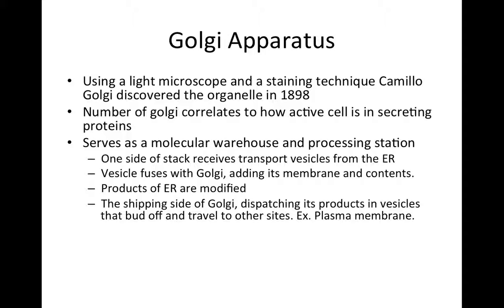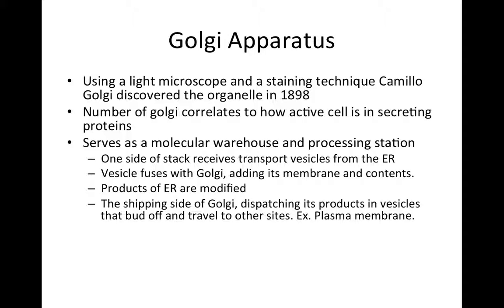The Golgi serves as a molecular warehouse and processing station. One side of the stack receives the transport vesicles from the ER. Vesicles will fuse with the Golgi, adding some of their membrane and contents. The products of the endoplasmic reticulum, usually proteins, are modified.